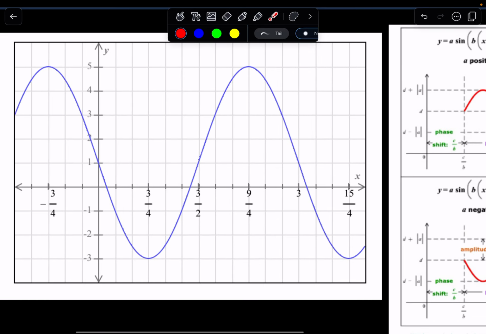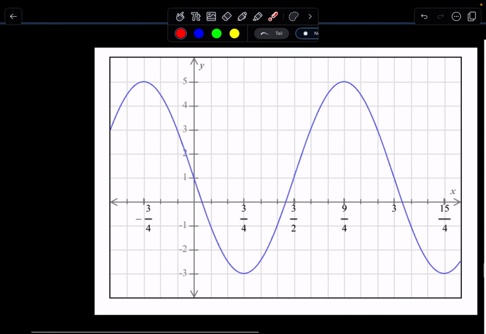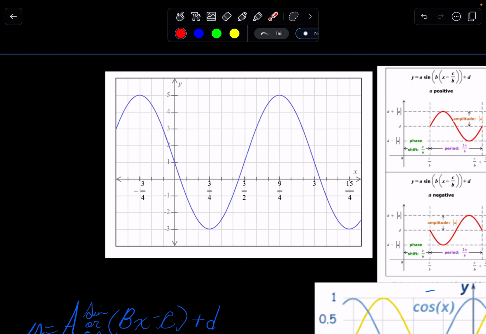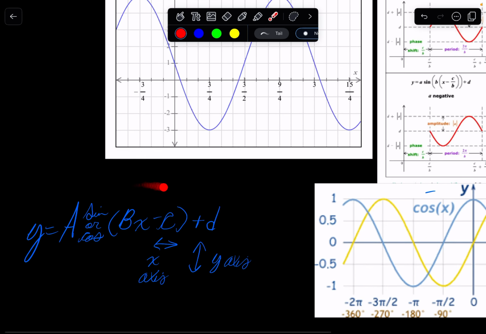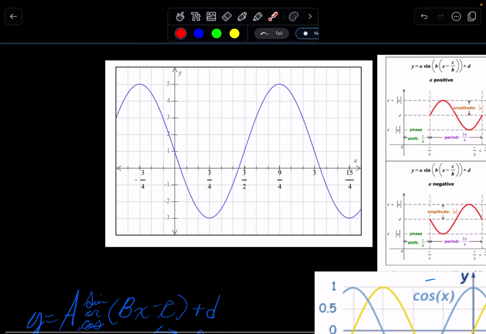So we look at this one, and it looks like it's a sine graph, but they put it one up. So if we look at this equation right here, like what we learned in algebra, if it's on the outside, it affects the y-axis.